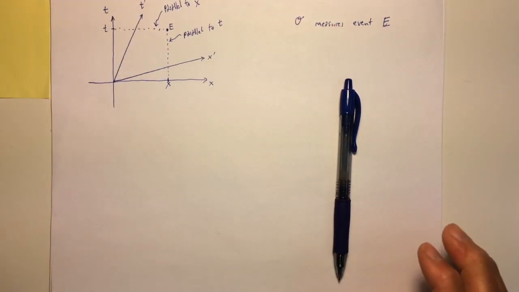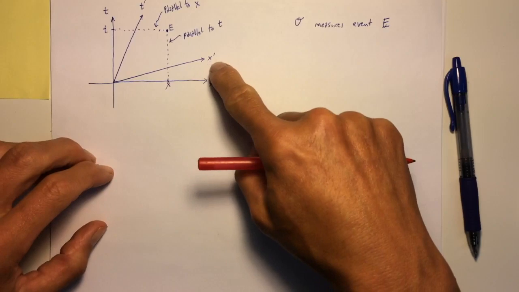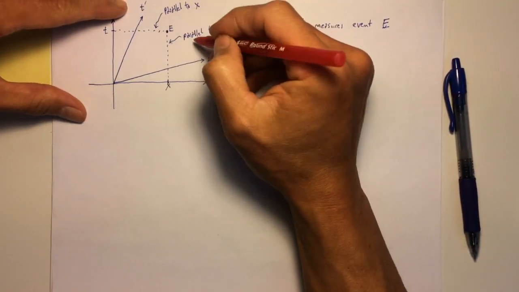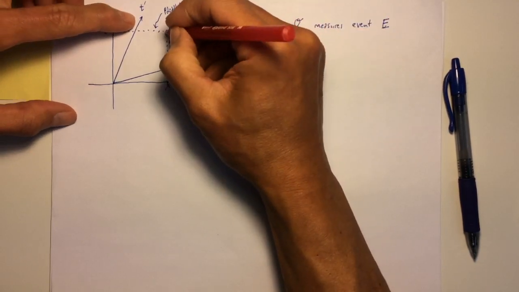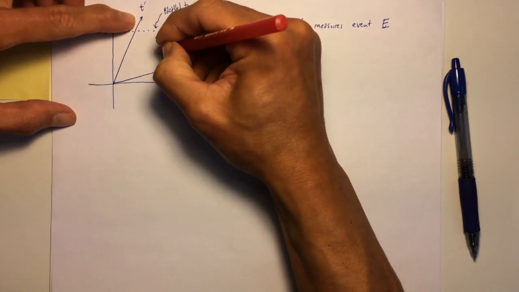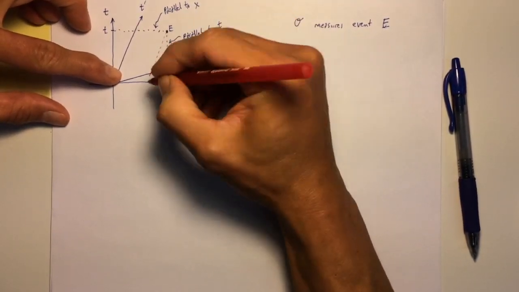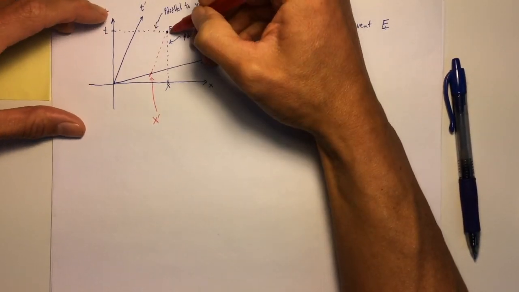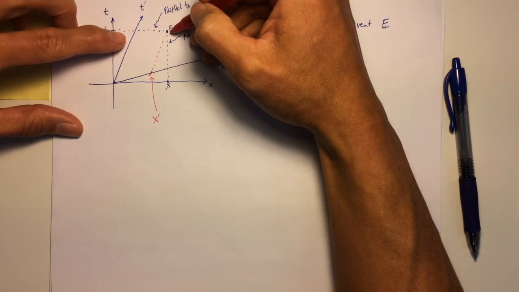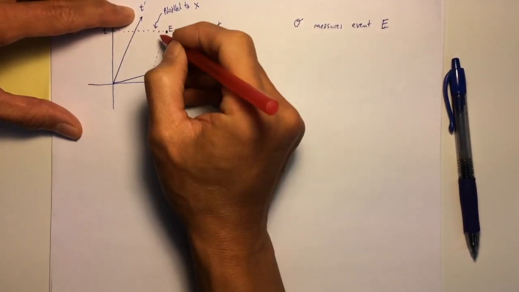But the weird thing is, how do you do this on x prime t prime? Well, you have to do the same thing. So in order to figure out the x prime value, you have to go parallel to the t prime axis. So that location right here is x prime. And the way you get the event coordinate along the t prime axis is you go back to the t prime axis parallel to x prime.